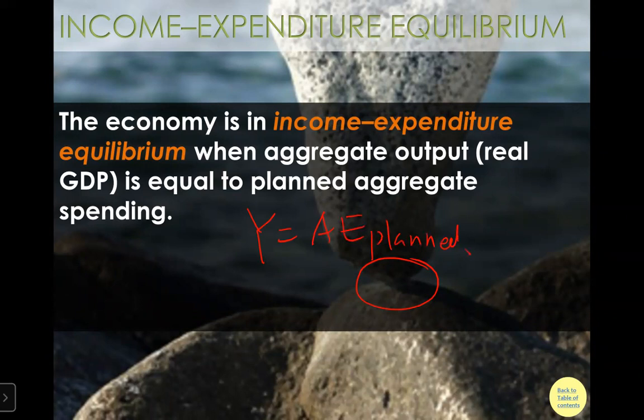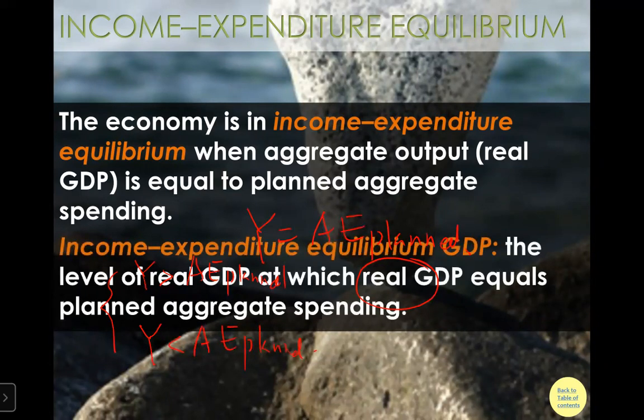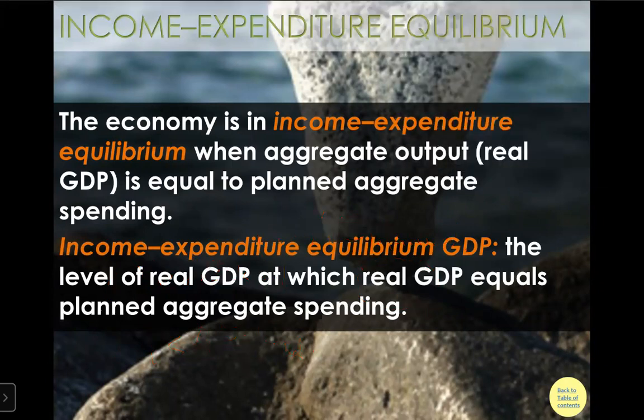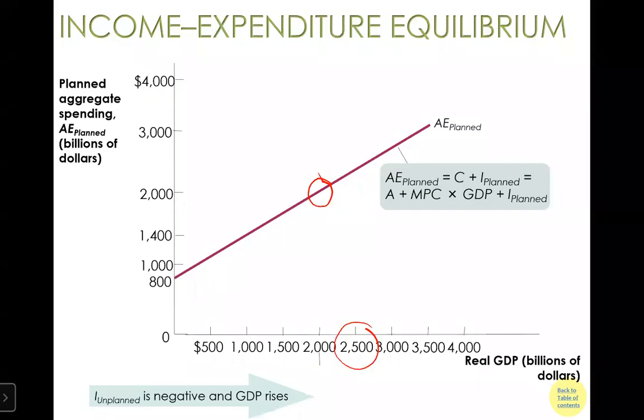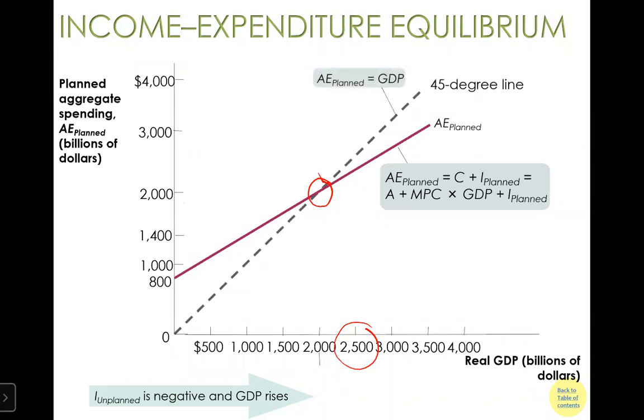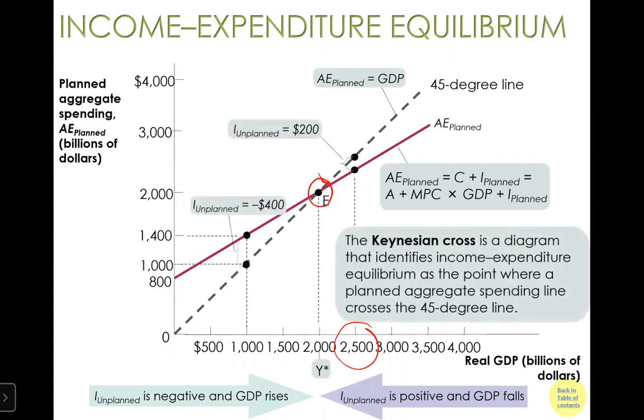Again, just to remind you, there are two cases: Y is greater than AE planned, or Y is less than AE planned, and they are going to have adjustment accordingly. Income-expenditure equilibrium GDP is the level of real GDP at which real GDP equals planned aggregate expenditure. That's exactly this cross point in this diagram, and we call it the Keynesian cross.